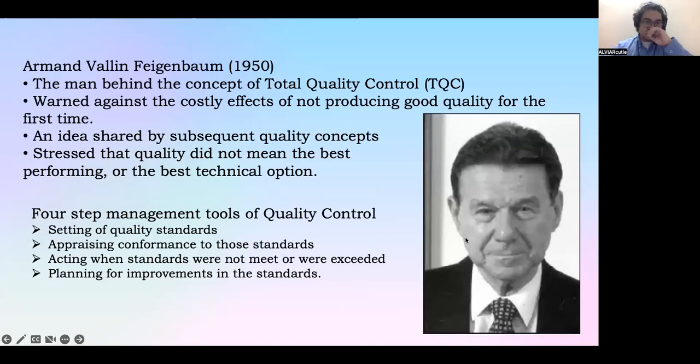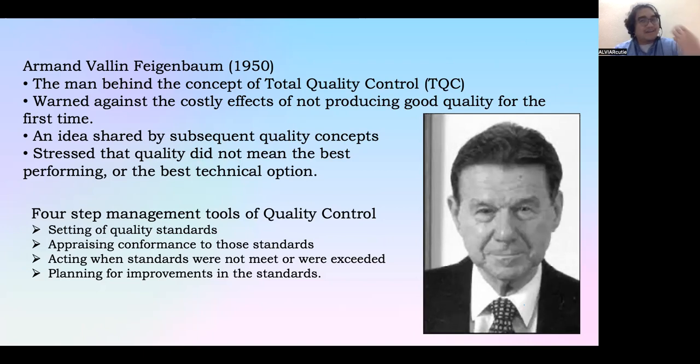So next, ito next na sabi ko, ang ayaw magpatalo. Si Armand Feigenbaum. The man behind the concept of total quality control or TQC, he warned against the costly effects of not producing quality the first time. So, sabi naman ni Armand Feigenbaum dito, pag gagawa ka for the first time, halimbawa, ayaw niya ng trial and error.